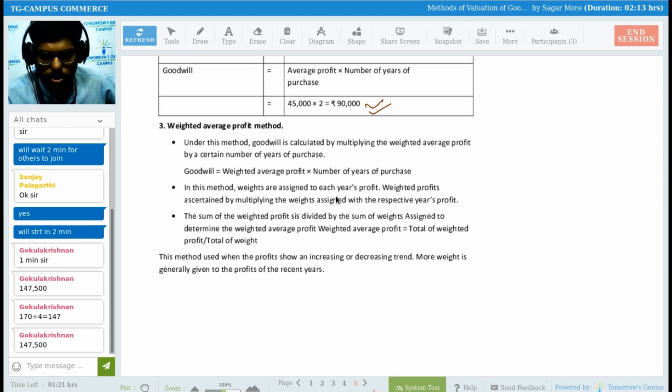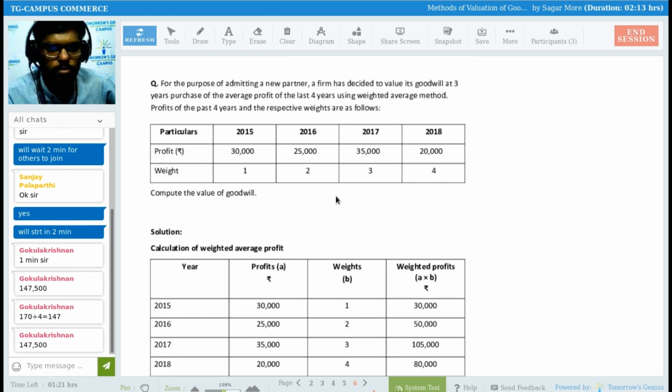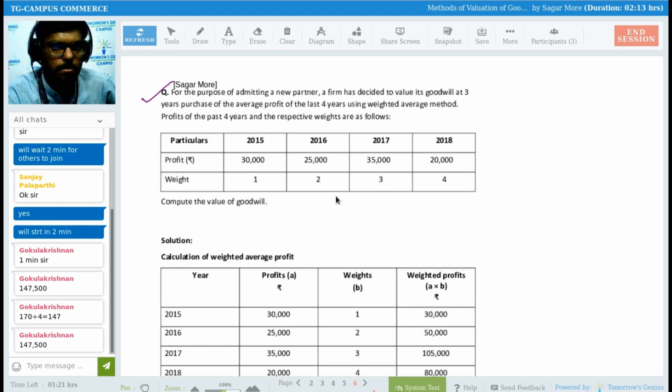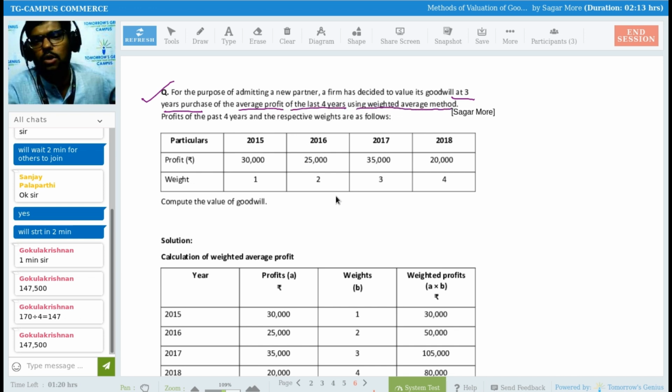Right? See here one question, then you can understand. For the purpose of admitting a new partner, the firm has decided to value goodwill at 3 years purchase of the average profit of the last 4 years using the weighted average method. So we have to calculate weighted average profit.